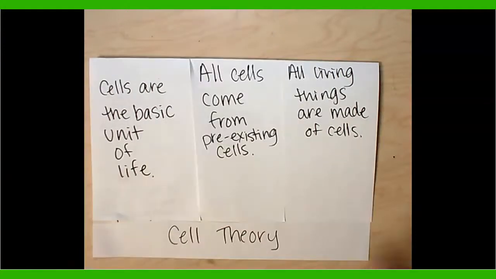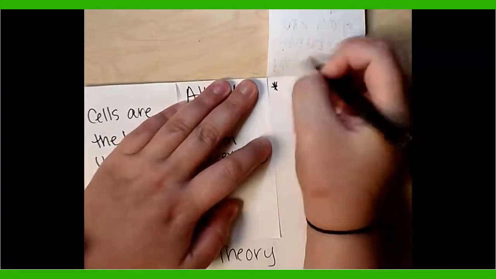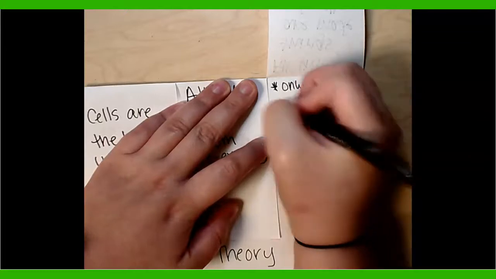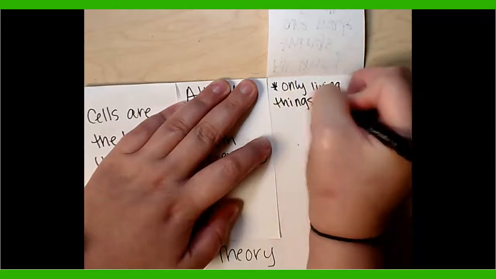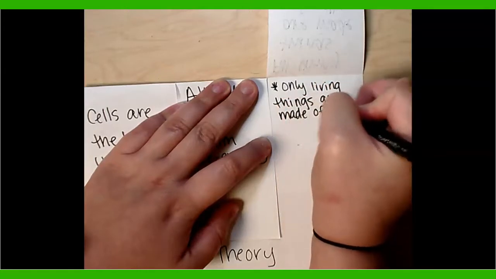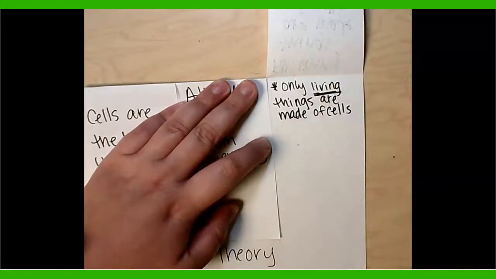So we're going to do our third section here. And what we need to remember is only living things are made of cells. Only living things are made of cells.